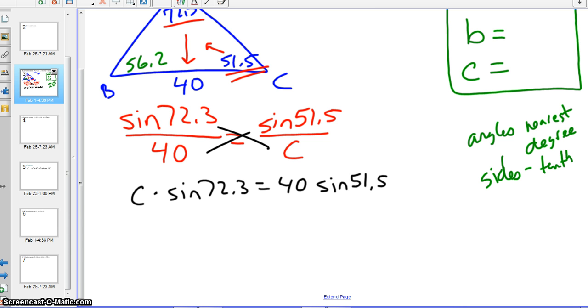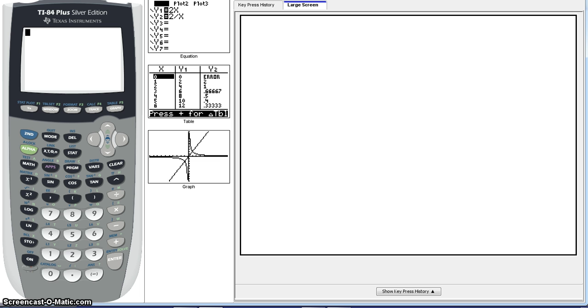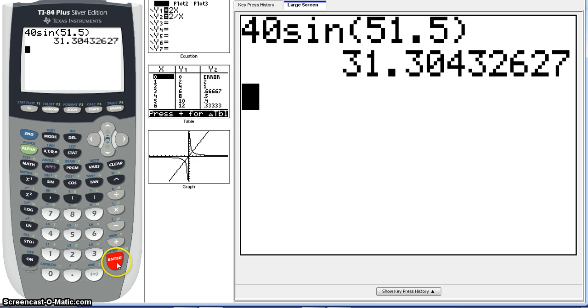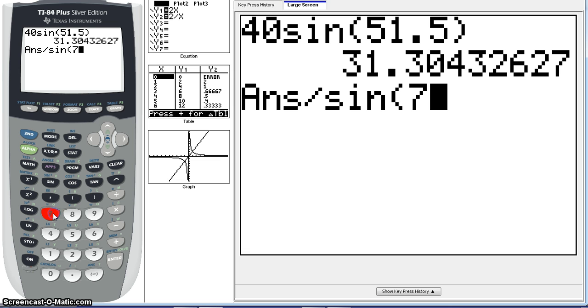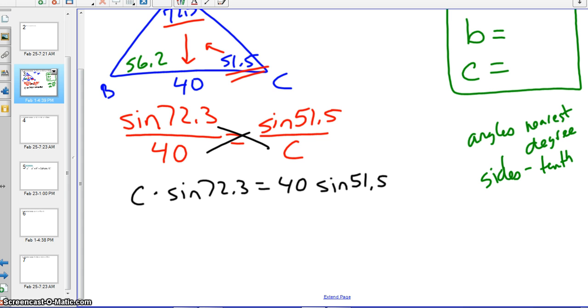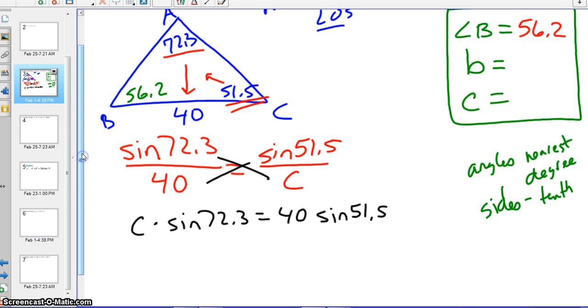So we'll type that into our calculator. 40 times the sine of 51.5, and we are going to be dividing that by the sine of 72.3. We get an answer of 32.86, which we can round to 32.9.